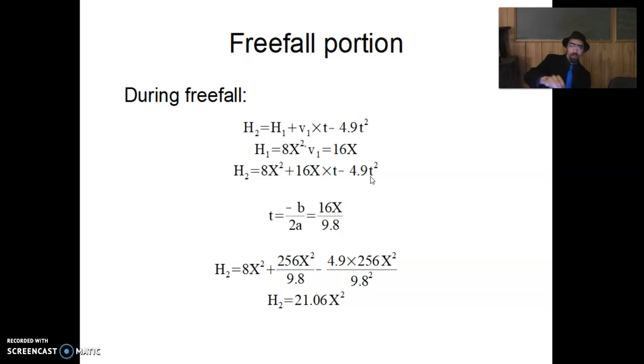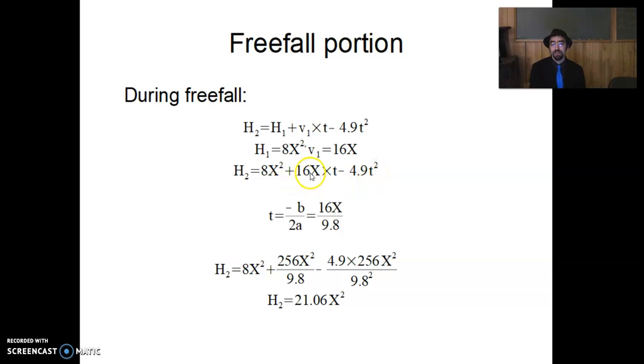The really low-tech way I just did here is we recognize this is a parabola, right? It's quadratic in terms of t. And we know our formula that the x-coordinate, or in this case, the point of the vertex of a parabola follows the formula minus b over 2a, where b is the linear coefficient, what's in front of regular t, and a is what's in front of t squared.